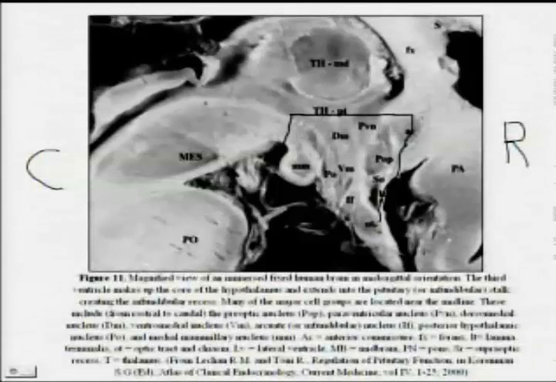So again, this is the optic tract just after the optic chiasm here. Because of our plane of section being a little bit deeper, we're seeing the chiasm forming the optic tract. So several nuclei are seen on this plane of section. First, above the optic nerve, we see the supraoptic nucleus. Then we see the preoptic nucleus.